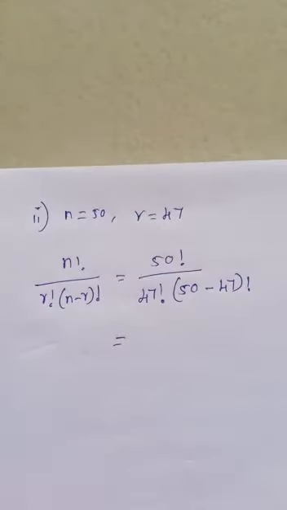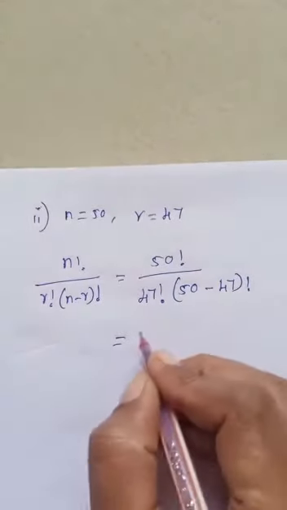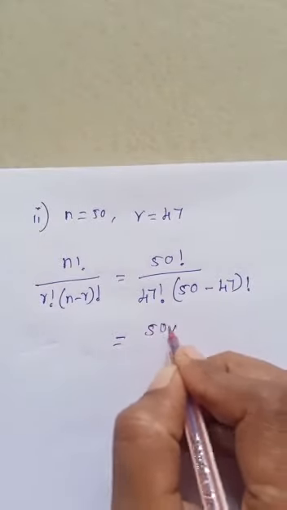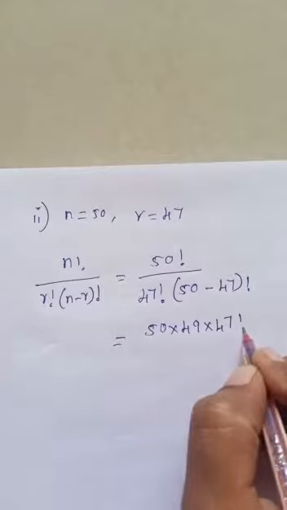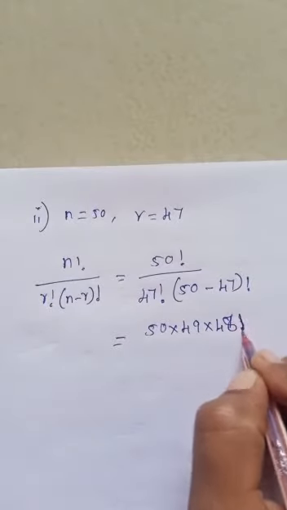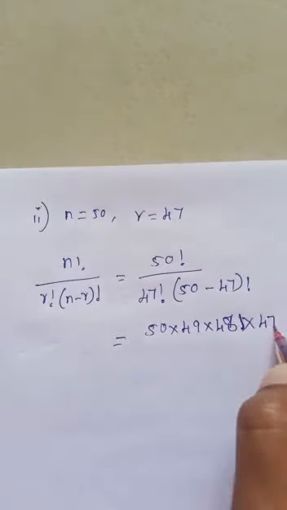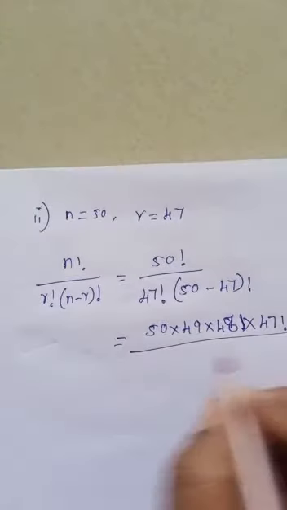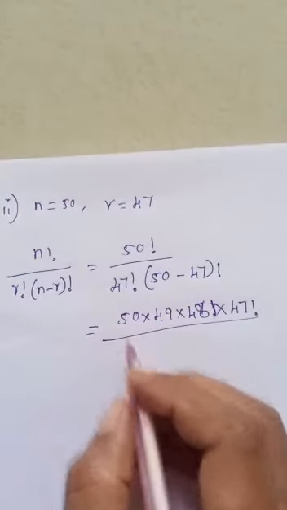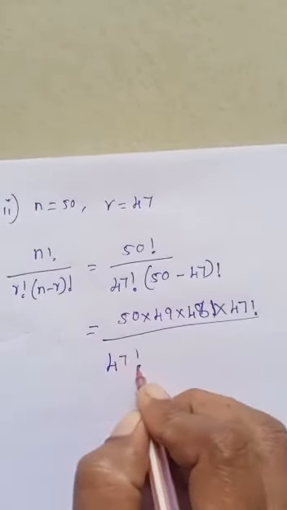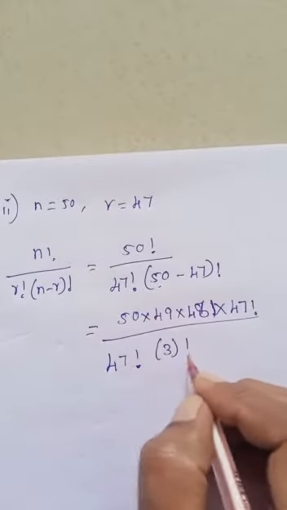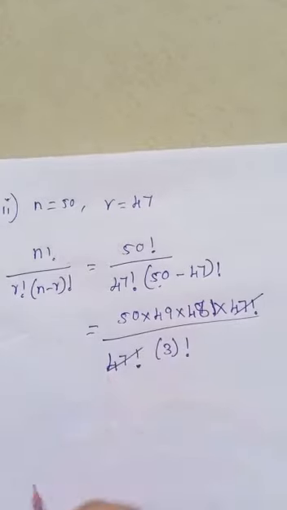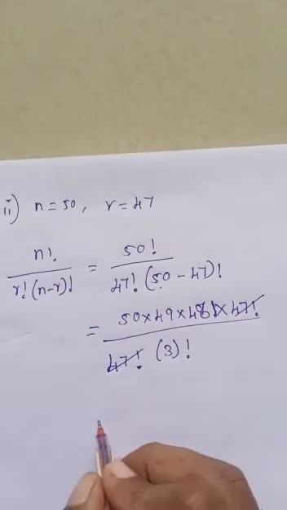How to simplify it? 50 factorial. That is 50 into 49 into, sorry, 48 into 47 factorial. More than that, it is no need to find it out because in the denominator we have 47 factorial. Now 50 minus 47 is 3 factorial. See, both will be getting cancelled.